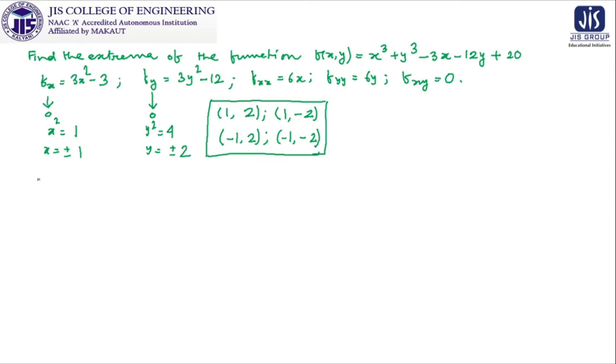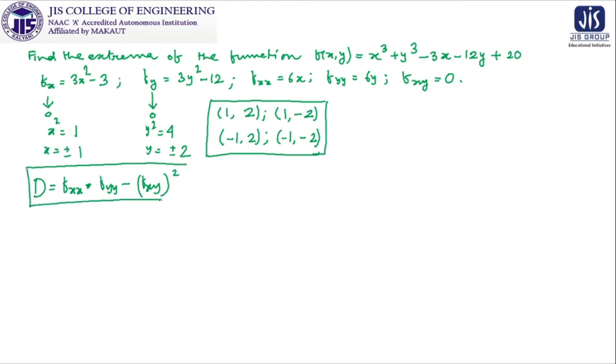Now our job is to find the value of D. D is known to us as fxx into fyy minus fxy whole square, and we have to find D for each and every point, and then only we can classify which type the critical point will be.